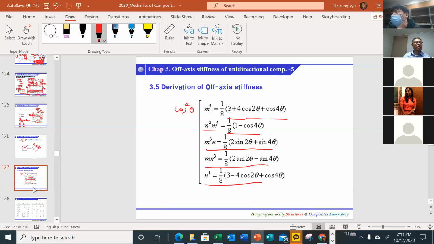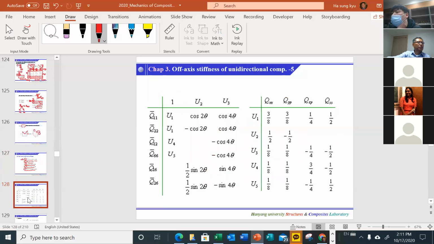And if we use this, then instead of that, we just put these relations into that table. Then we can get the Q11 term, now in terms of U1, U2, U3, U4 and U5.